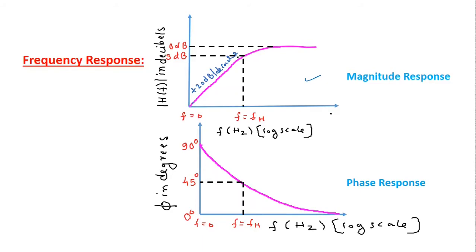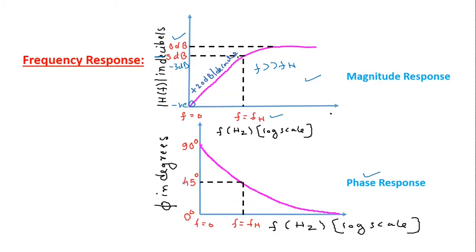So at frequency f equal to 0, the magnitude of Hf is a high negative value, and when frequency is equal to cutoff frequency fH, the magnitude of Hf in decibels is minus 3 dB. And when frequency is very much greater than cutoff frequency fH, then magnitude of Hf becomes 0 dB.